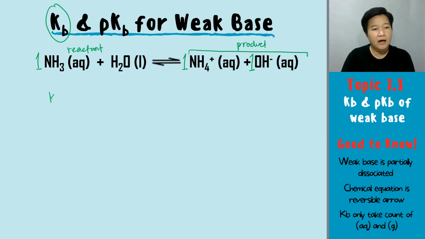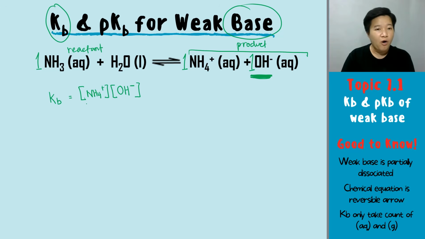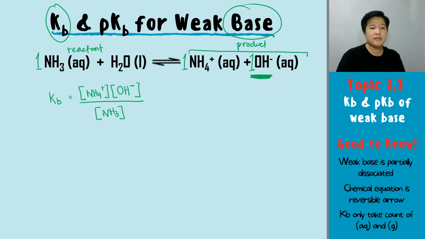Slightly different right now, it is a Kb, Kb because it's a base, because we are having OH minus. Okay? So Kb equals the concentration of NH4 plus times the concentration of OH minus over the concentration of NH3. And you can see over here, we are ignoring the water because it's a liquid.